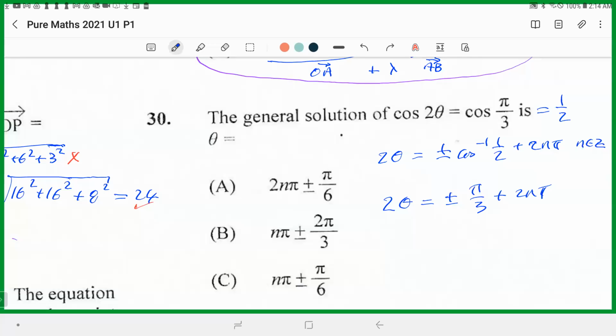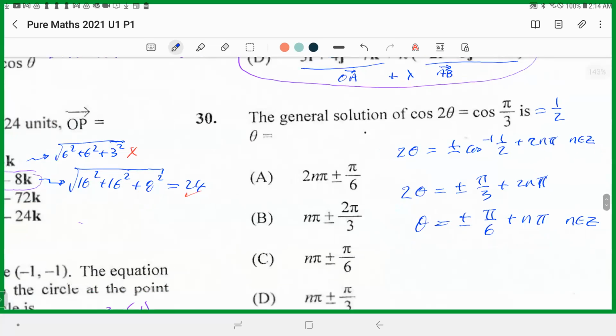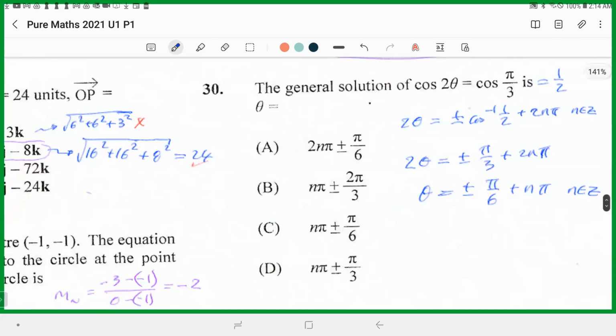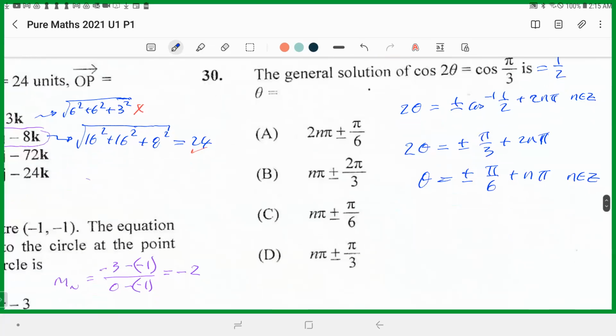And then now divide by the 2. So theta equals plus or minus pi by 6 plus n pi, where n is an integer. The answer is right here.